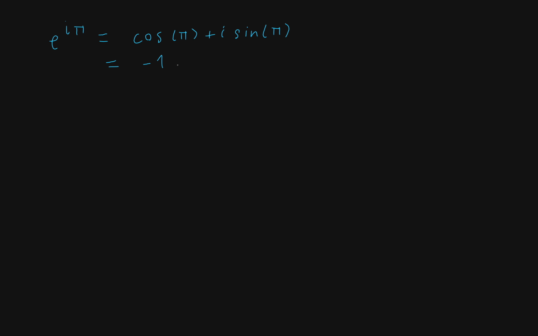Sine of pi, that's 0. So we're basically going to have plus 0i, but we can cancel that out. So e to the i pi is equal to -1. Move this to the other side. We're going to have e to the i pi plus 1 is equal to 0. Just like Euler's identity as he showed it before.